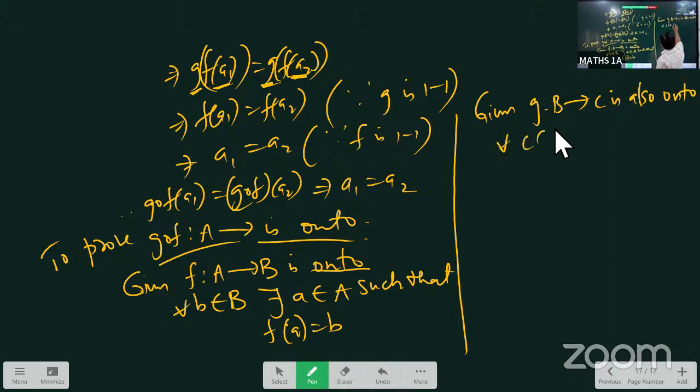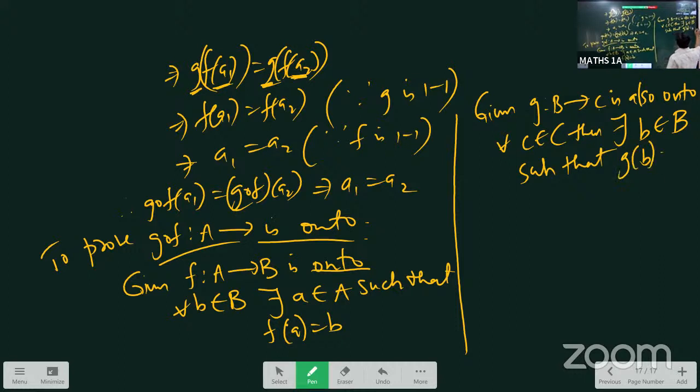For every c belongs to C, codomain element, there exists at least one b belongs to B such that G of b is equal to c. Because F is onto, we got F of a equal to b. Since G is onto, for every c belongs to C, I was having G of b equal to c, correct?